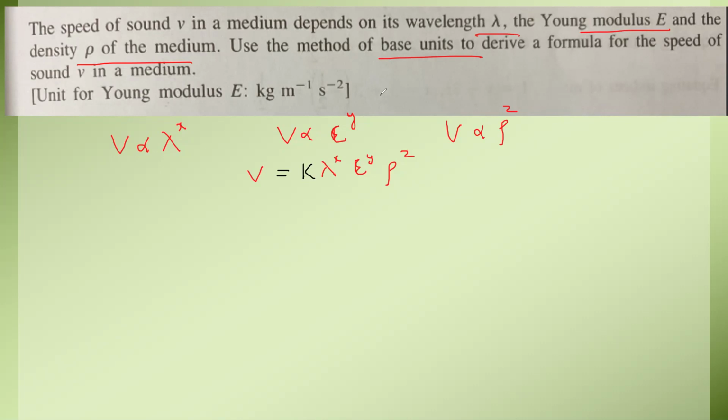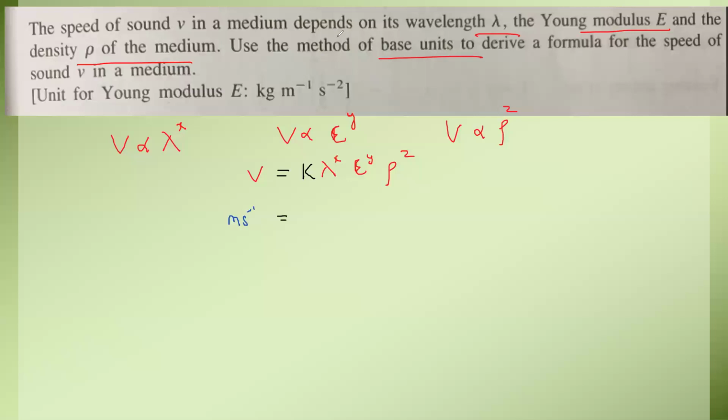Maybe it has a unit, but when we derive a relation, we assume it does not have any unit. So now we just substitute the units. The unit of the speed is meter per second, so we can say m s^-1. K, we assume it's a dimensionless quantity, so it does not have any unit.